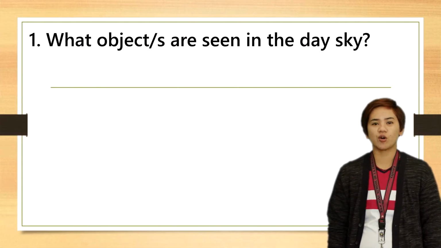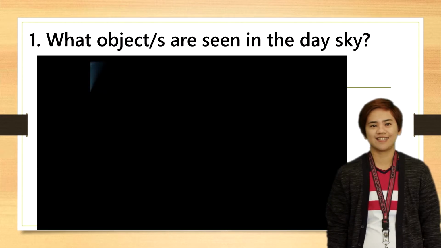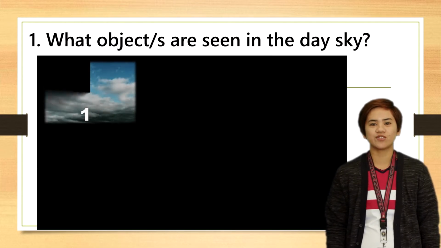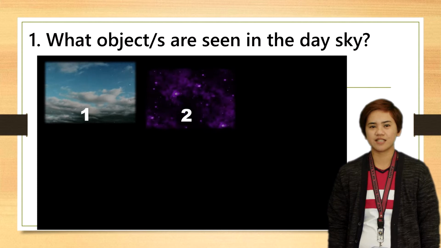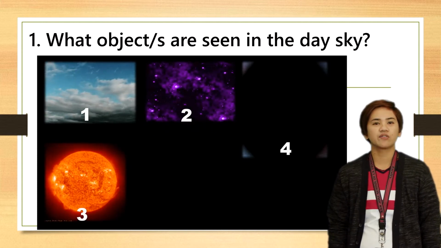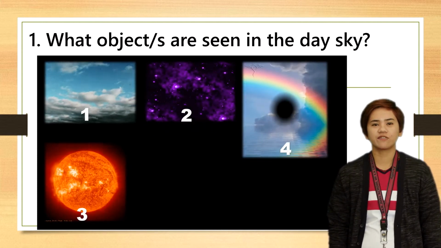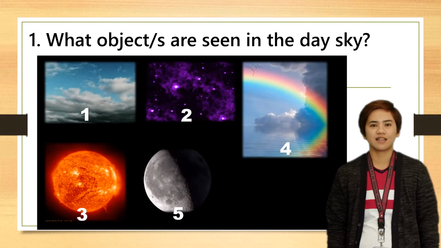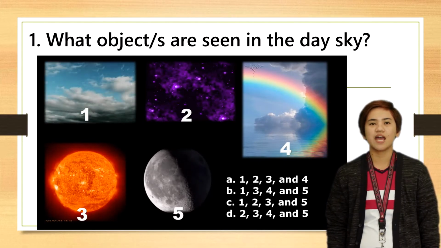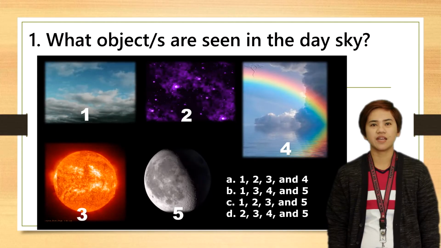Number 1. What object or objects are seen in the day sky? 1. Clouds. 2. Stars. 3. Sun. 4. Rainbow. And 5. Moon. Is it letter A? 1, 2, 3, and 4?